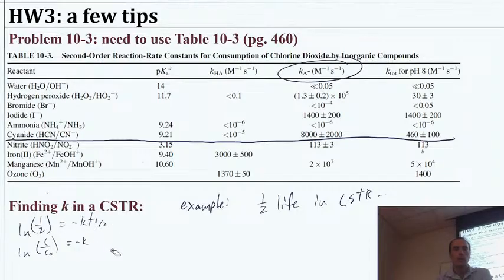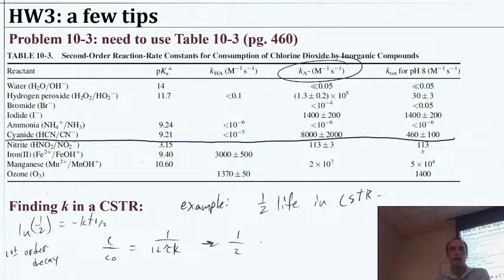We'll just leave it like that. In a CSTR case, you might be able to say something like, if we find C over C naught, again, let's say first order decay, our mass balance would come out to be 1 over 1 plus tau k. In which case, we could say 1/2 is equal to 1 over 1 plus, if we're using that half-life, we might be able to just put in a half-life time.